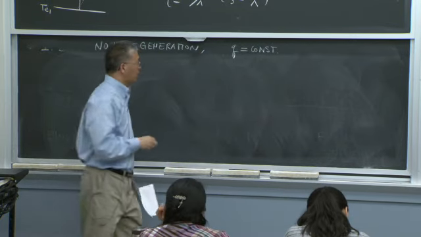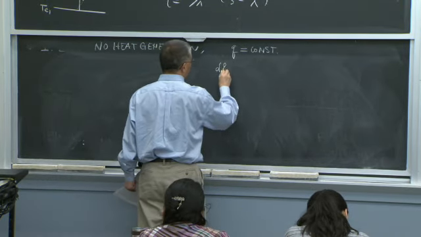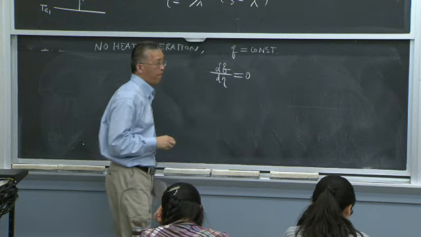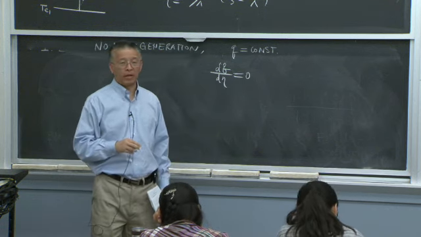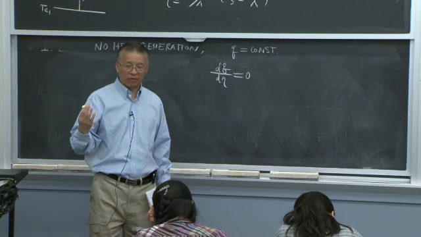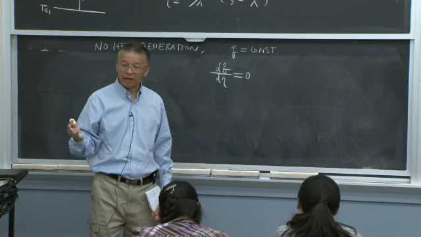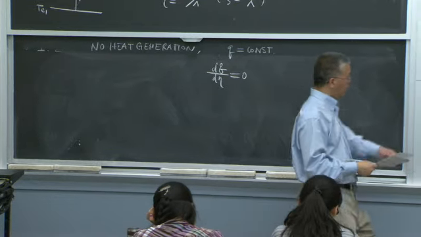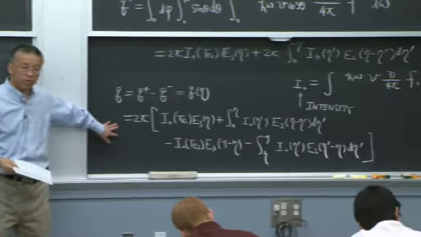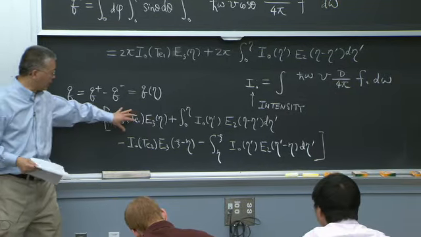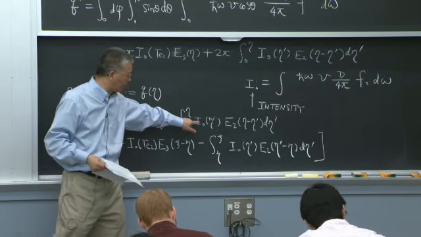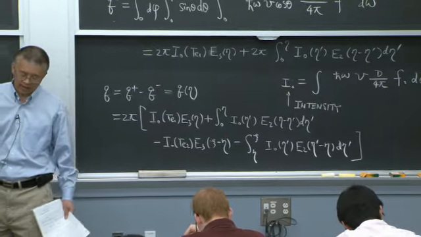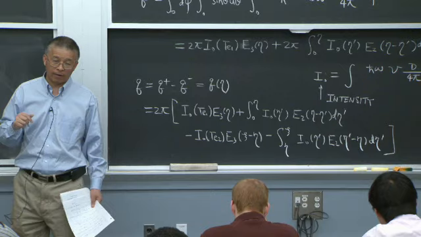If Q is constant, I can do dQ d eta equals 0, because I don't need to find that constant yet. With that, I take dQ d eta equals 0. I will find the equation that actually has the unknown I0 that I want to find.